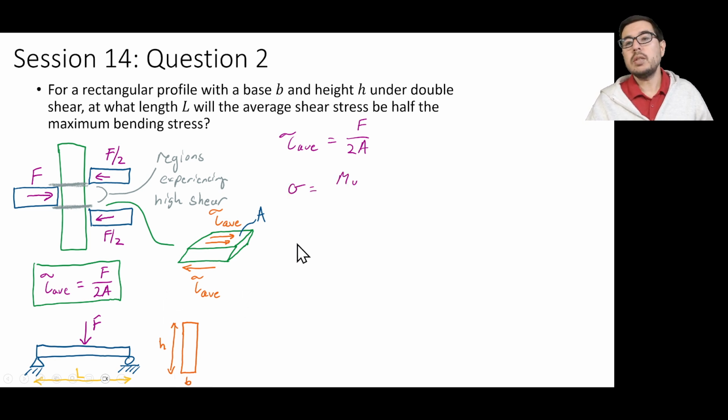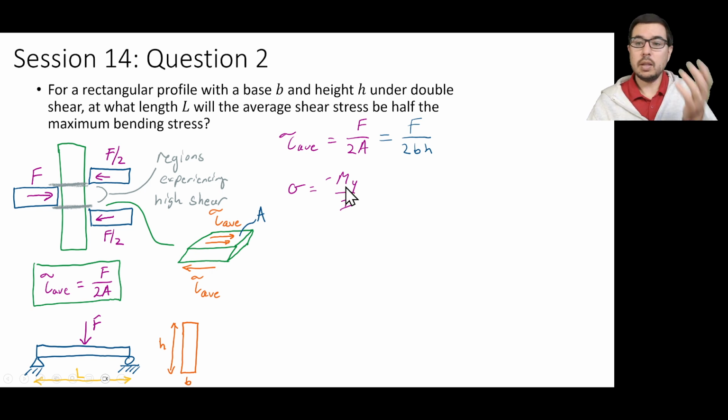The bending stress from the flexure formula can be given as sigma equals negative My over I. For this problem, we're comparing the shear stress in this system with double shear against the bending stress that we're going to have with this model. In order to calculate the bending stress, we need to calculate the bending moment along the beam.